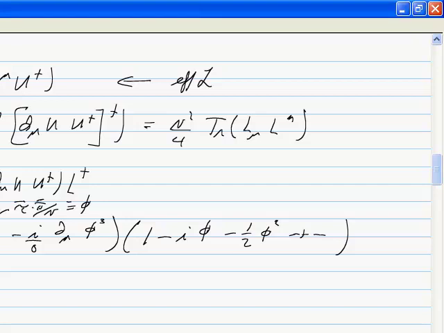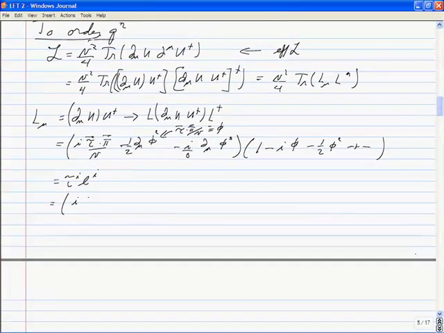The way it works out is, the first term works, of course, by itself as i d mu phi, that should have been a derivative there. So it's i d mu phi. So that's linear.